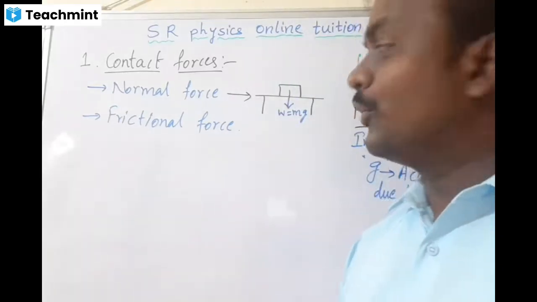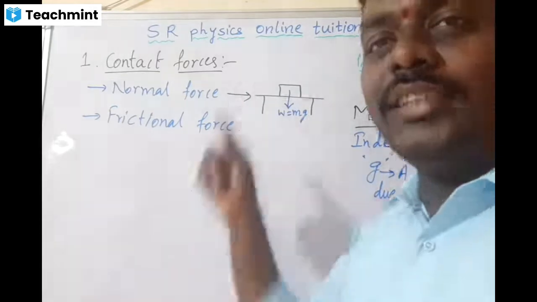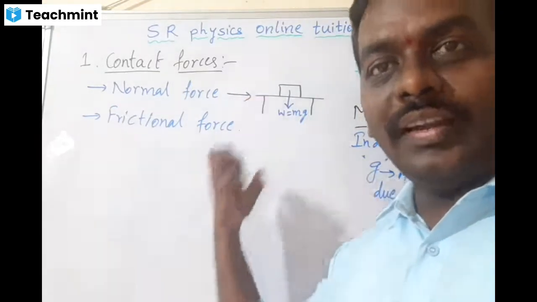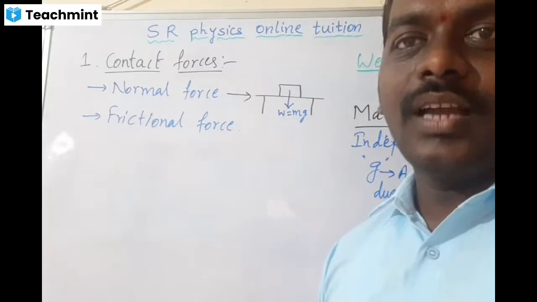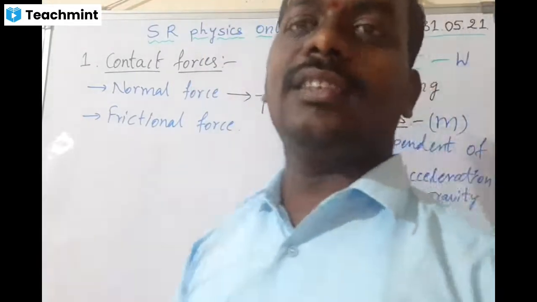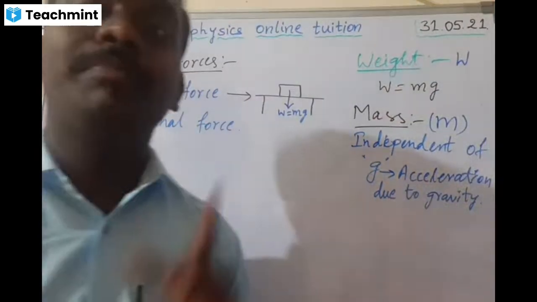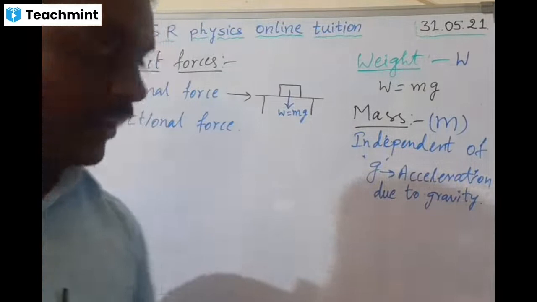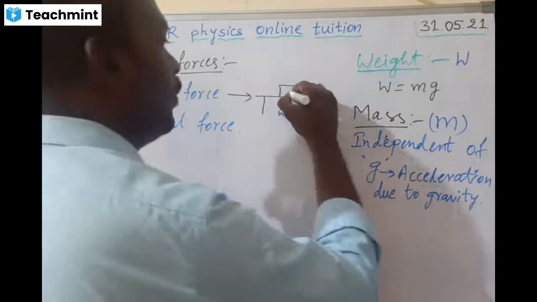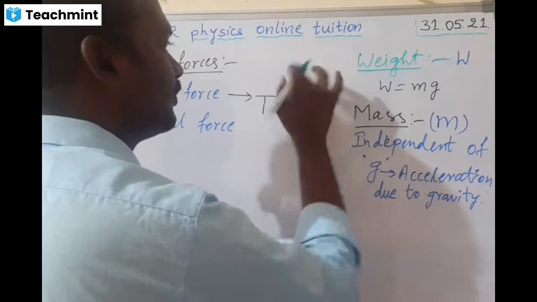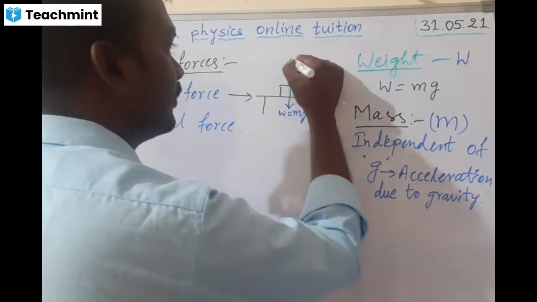Thank you. Right. So here, the weight is going to be acting downward. To oppose that perpendicularly, there will be some other force. That is what, Nana? Normal force. It will be existing perpendicularly upward to the surface.